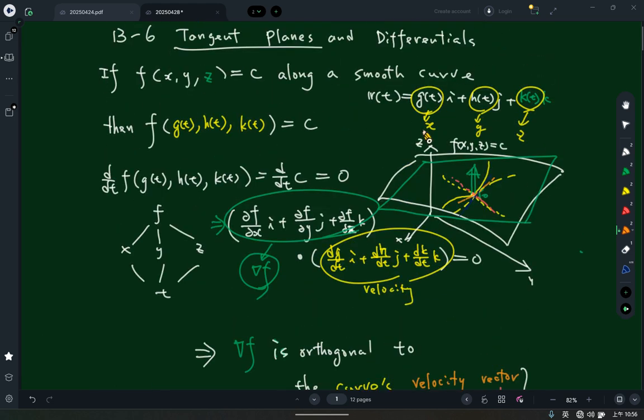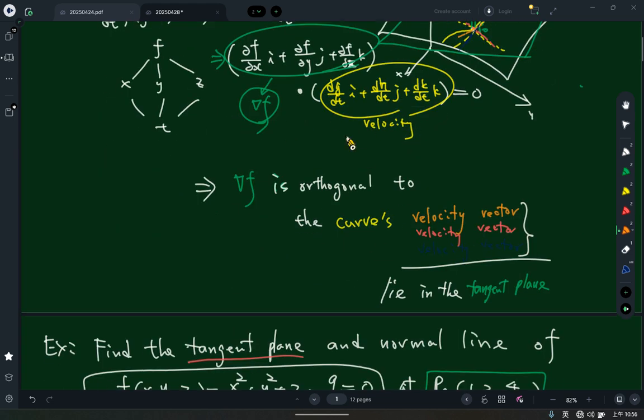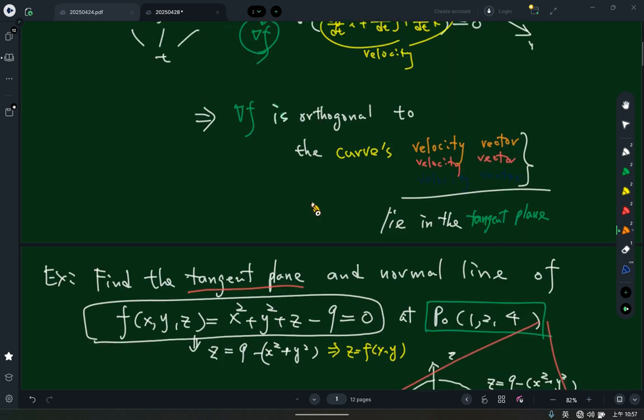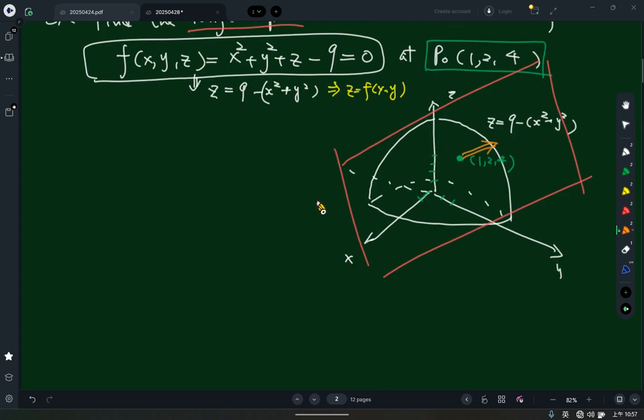Based on the fact we learned here, the tangent plane is orthogonal to the gradient vector. So we need to get the gradient vector first.